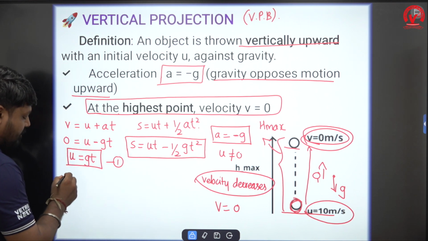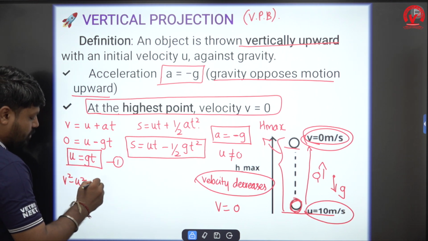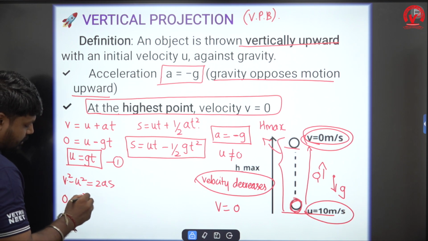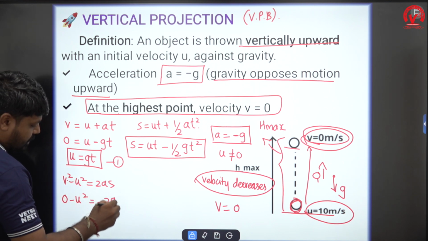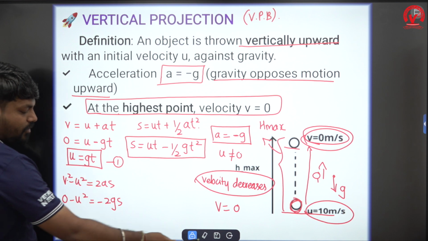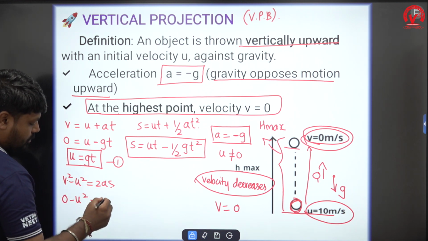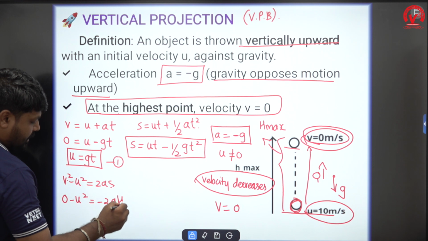What's the third equation? v square minus u square is equal to 2as. So 0 minus u square is equal to minus 2gs. Instead of s, what can you put? It is the maximum height, right? So minus 2g h max.